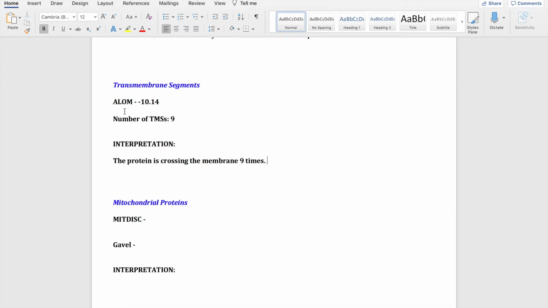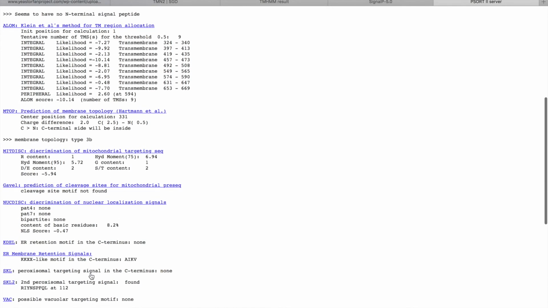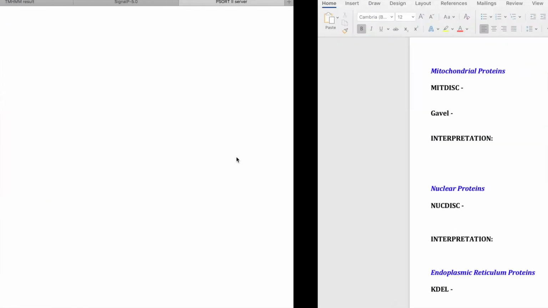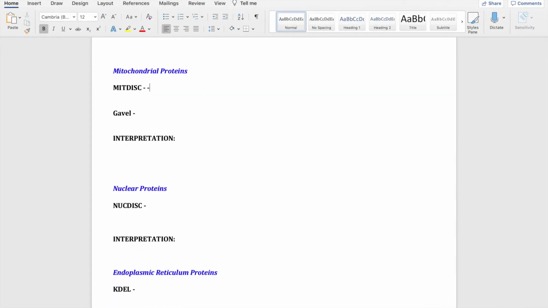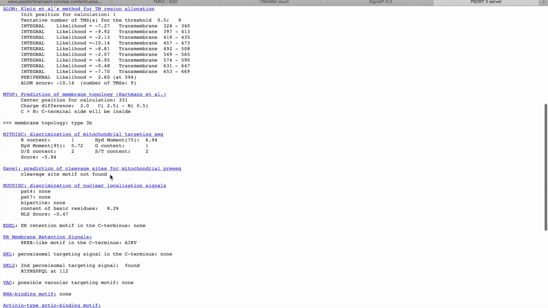All right, and now it's time to get our MITDISC score for the mitochondrial proteins, which is negative 5.94. And the GAVEL, which says the cleavage site motif is not found.